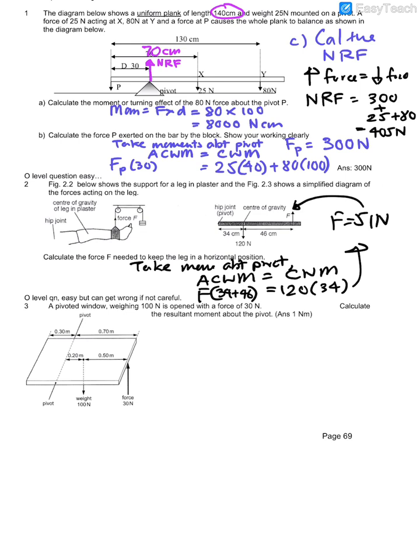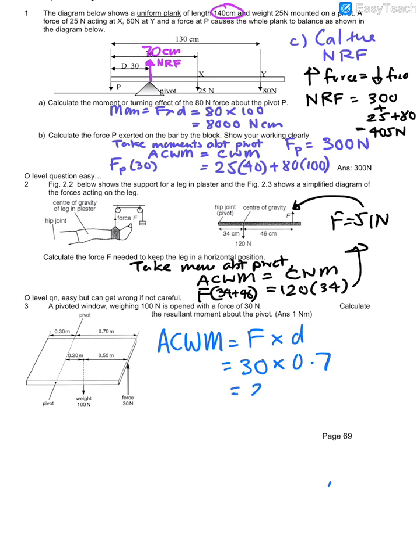Next, look at question 3. For question 3, calculate the anti-clockwise moment first. What times what? 30 times 0.7 is 21. Then 0.2 times 100 is 20.